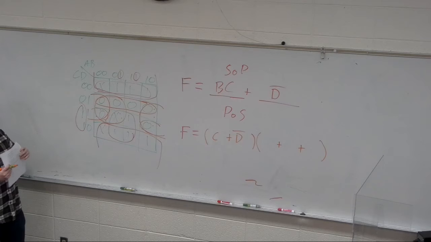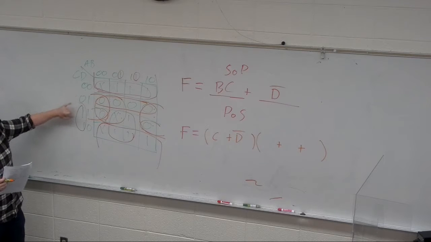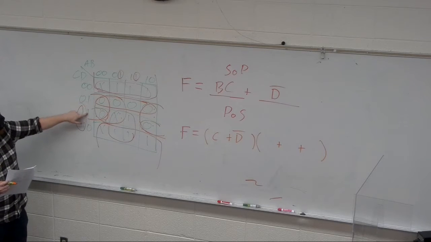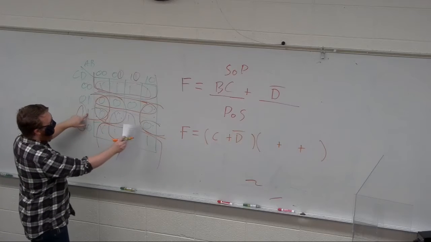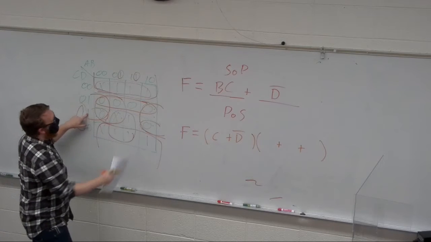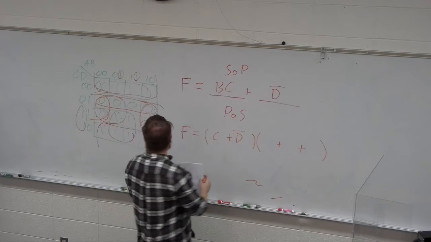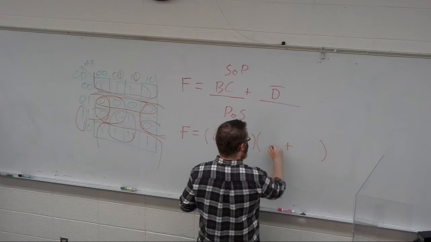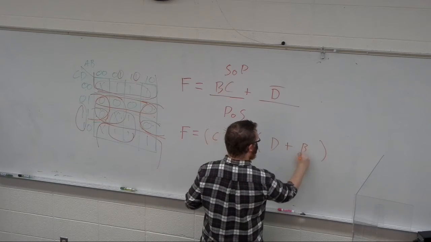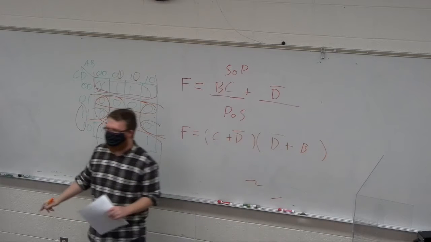And we look again at what doesn't change. Looks like D is there, and what's our other one? B not. B not. D and B not. So we would change this equation. And we have D and B not, but we flip those because we're the other way.